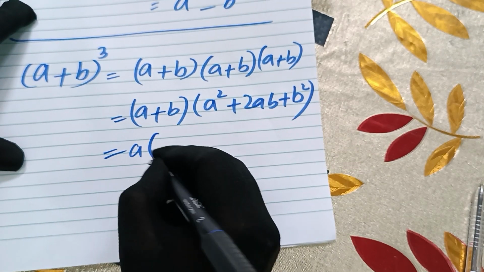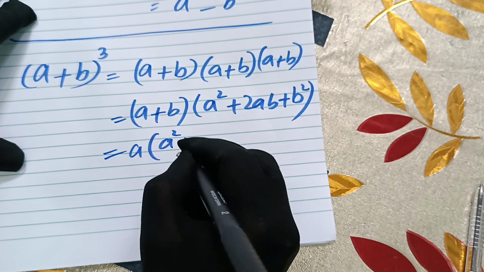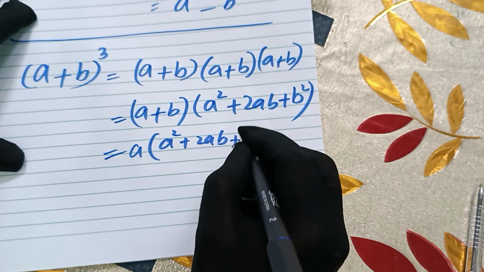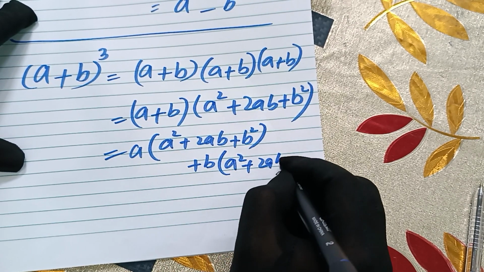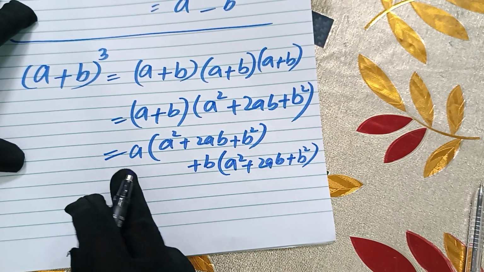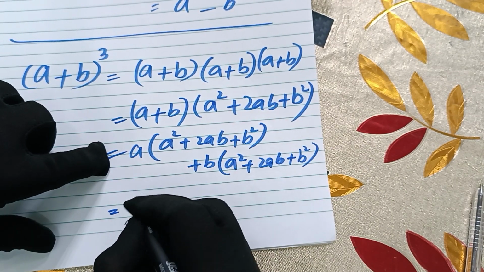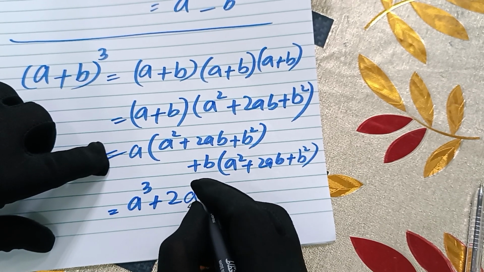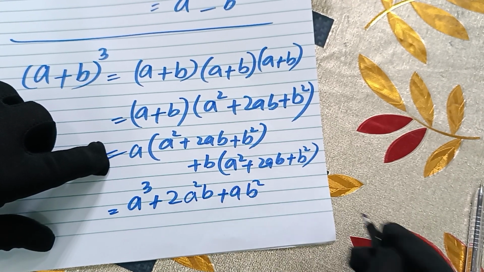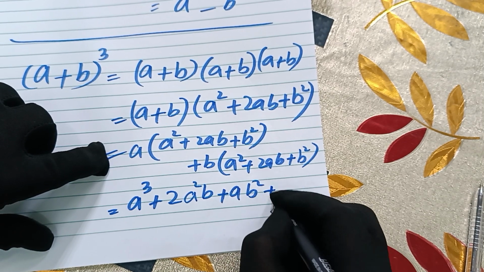A times the complete second term and then plus b times the complete second term. When we expand these, we get a cube, a square b, plus ab square. This is plus a square b.